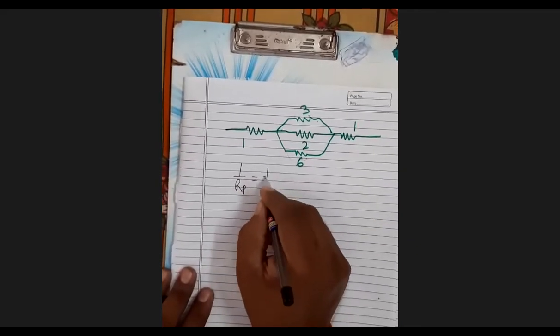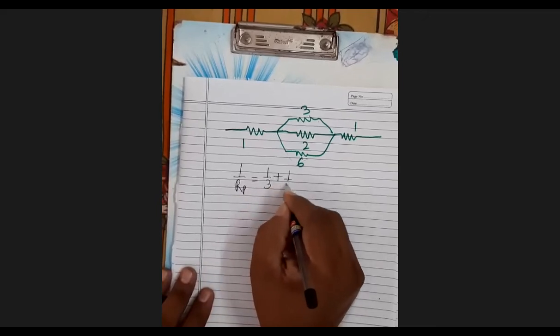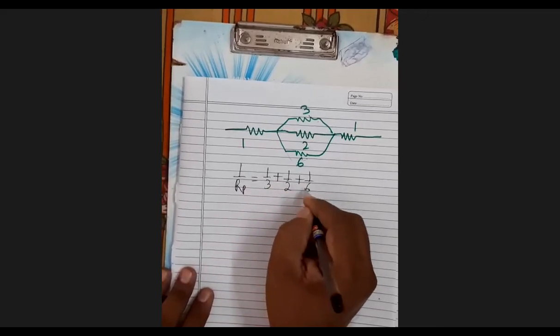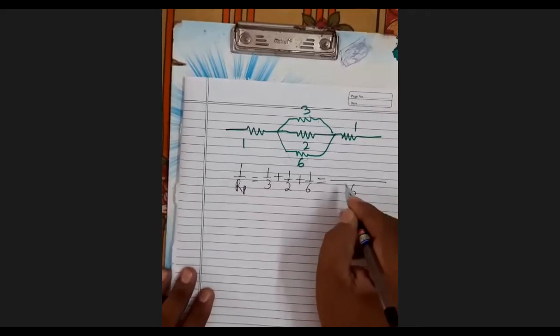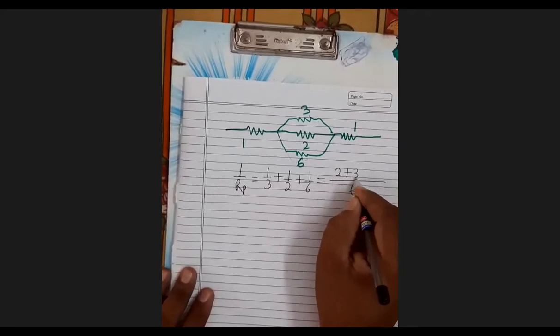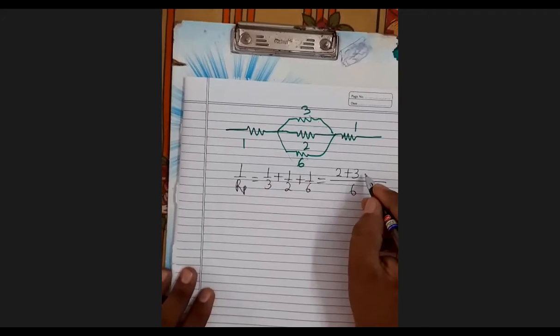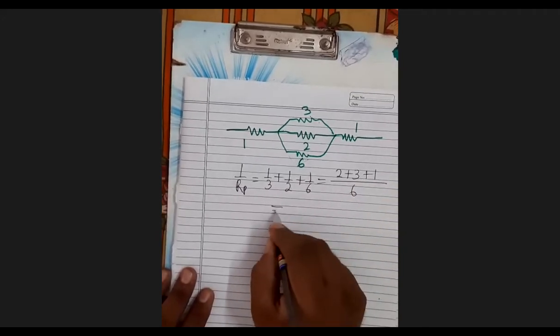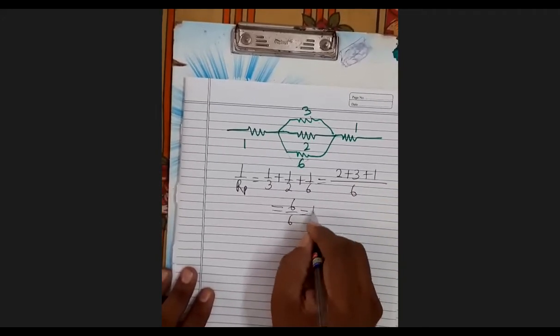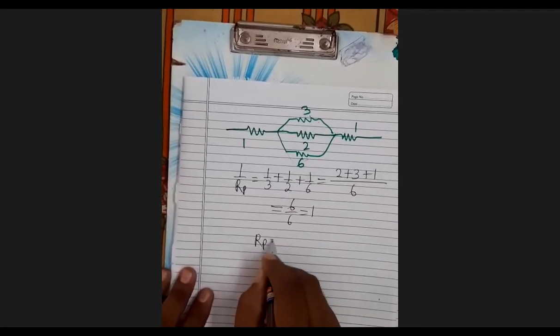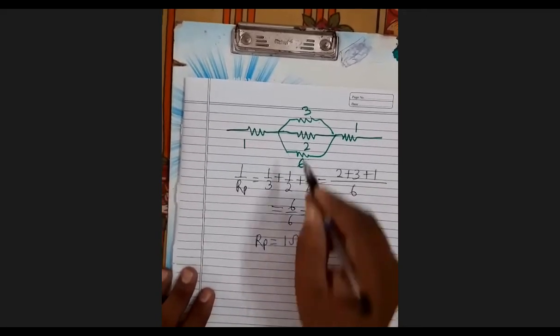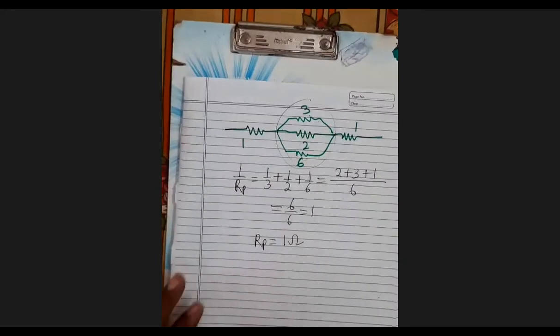So it will be 1 upon 3 plus 1 upon 2 plus 1 upon 6. What is the LCM? It is 6. So 2, 3, then 1, that is 6 upon 6, that equals 1. So Rp equals 1 ohm. This whole has reduced into 1 ohm.